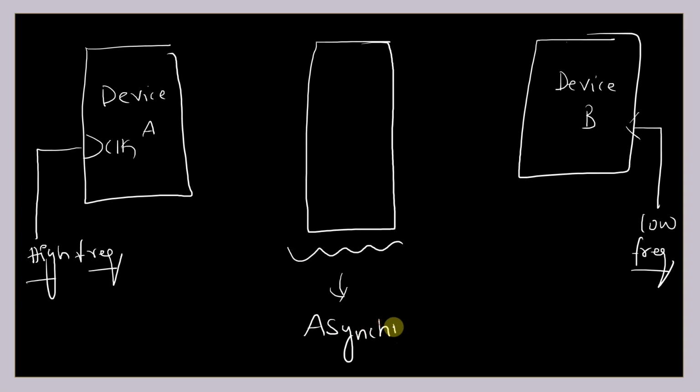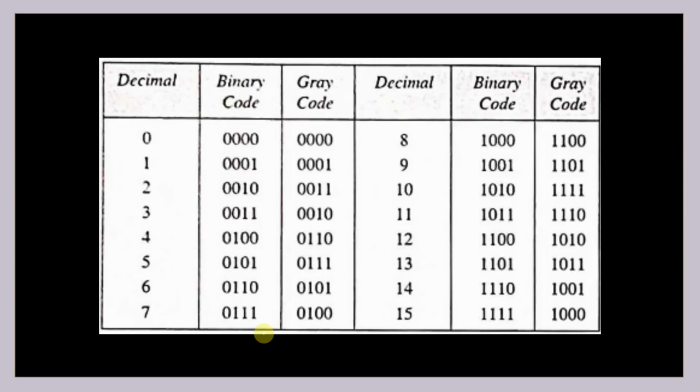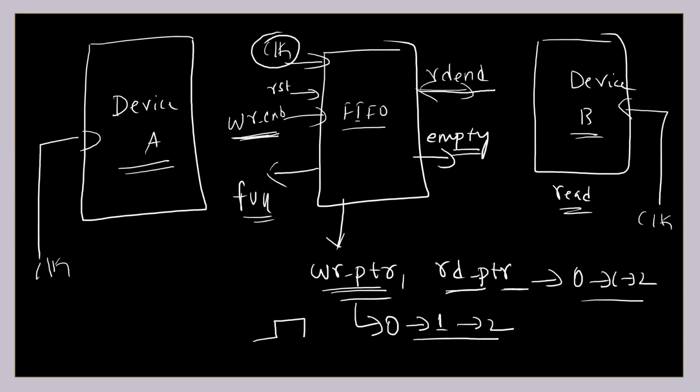So why should I not use a synchronous FIFO? Because in the case of my synchronous circuit where my device A and device B were having the same clock, the FIFO was also having the shared clock which device A and device B were using, and there was no problem at all. Writing was happening with respect to one single clock, and reading was happening with respect to the same clock, which device A and device B were sharing.